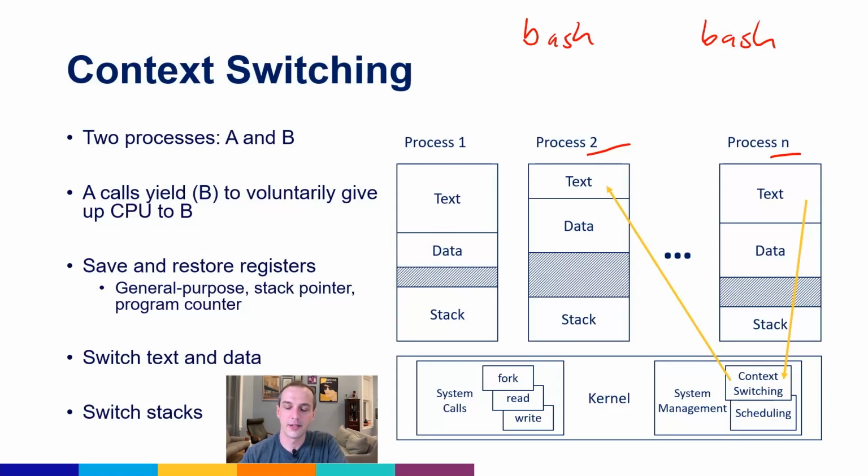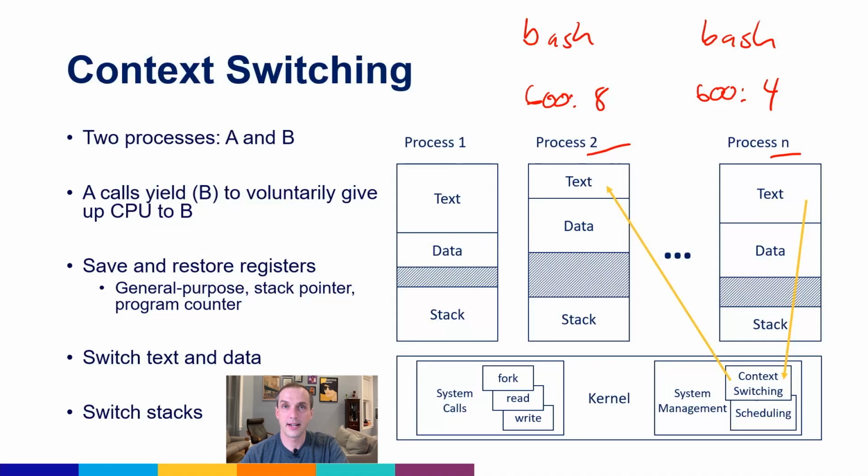There's something called status, and it's at address 600. And the status of this process is 4. Now, because this other bash is the same program running in a different process, it also has a symbol called status. That symbol also lives at address 600, but this one's status is, say, 8.